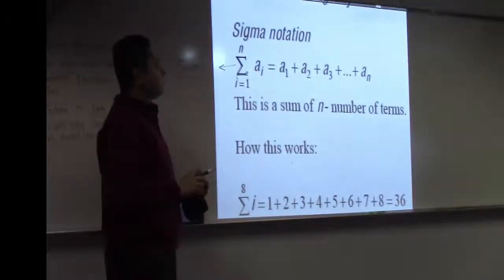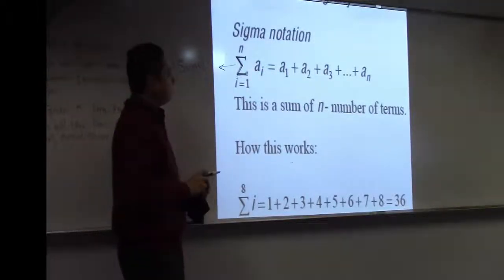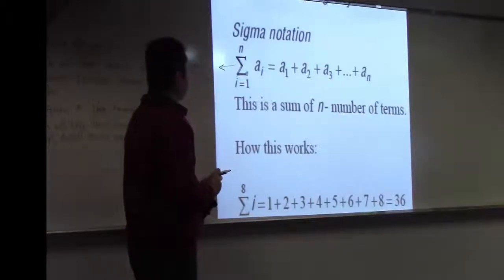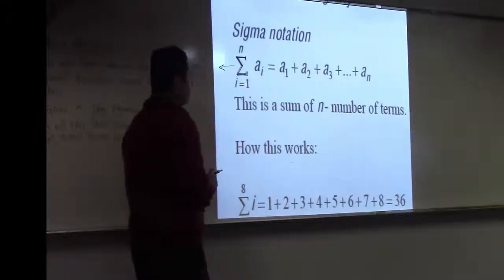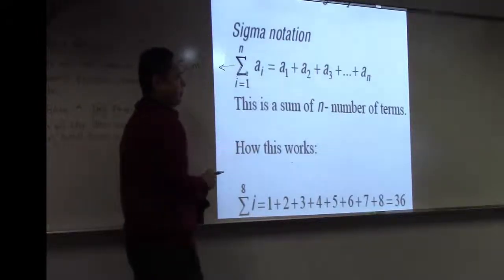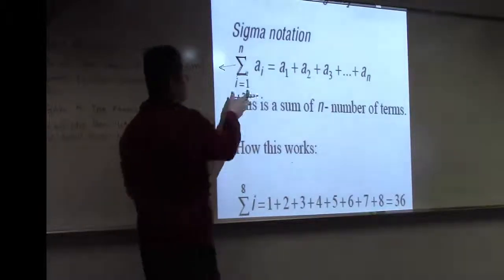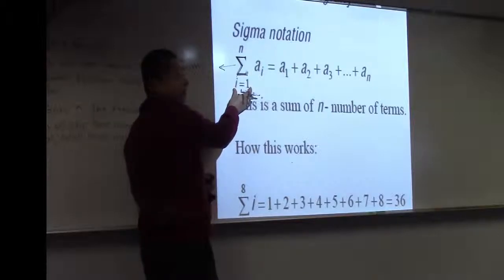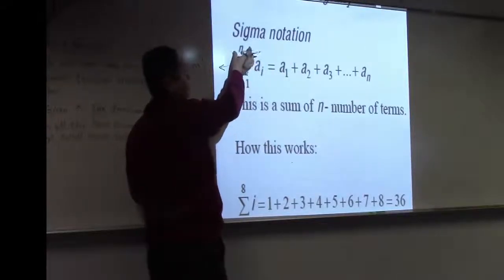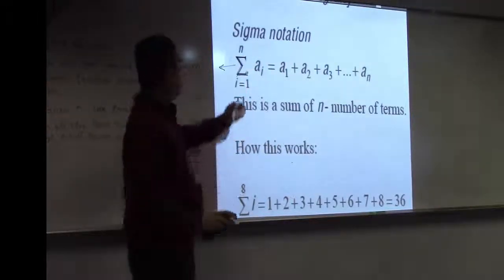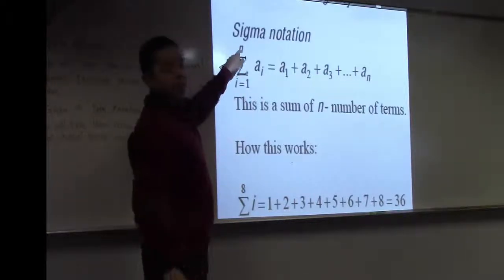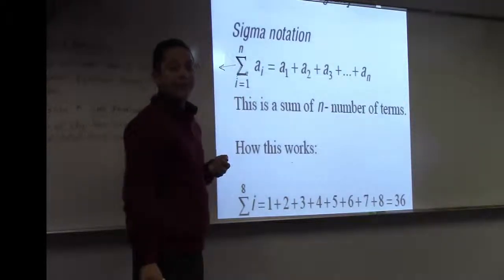So you are summing something. Right? In this particular case, how this is generated, just to go back to the pre-calc, basically a small review, is that you would be starting from a 1, and you would be stopping at some point. In this particular case, you would be stopping at n.